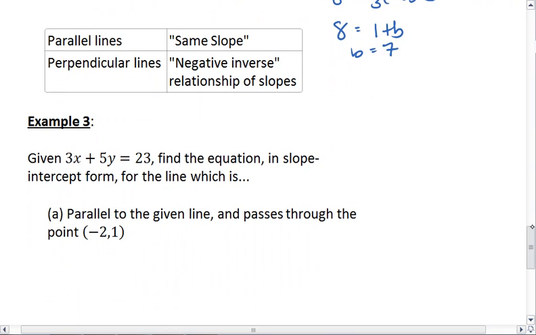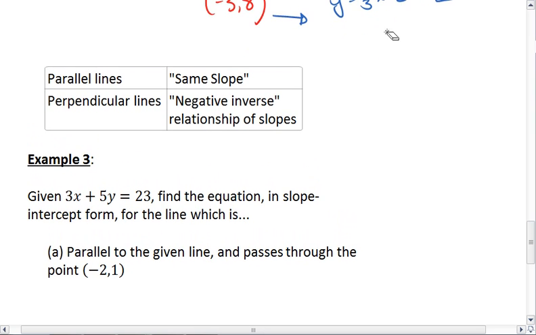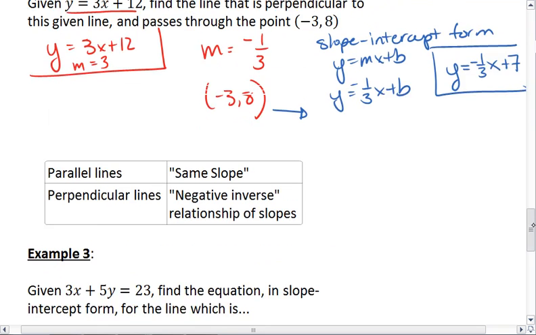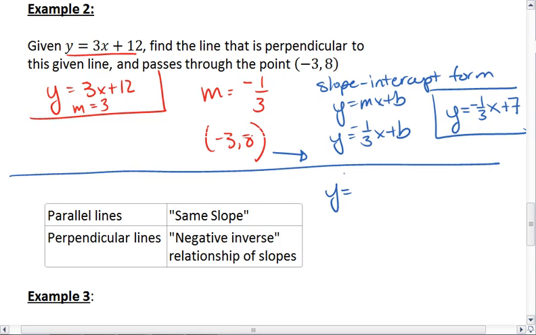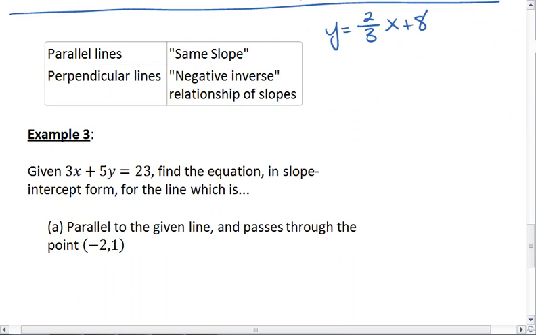What's important to take away from this is that parallel lines have the same exact slope. So if y equals, let's say, 2/3 x plus 8, a parallel line will have the same slope.